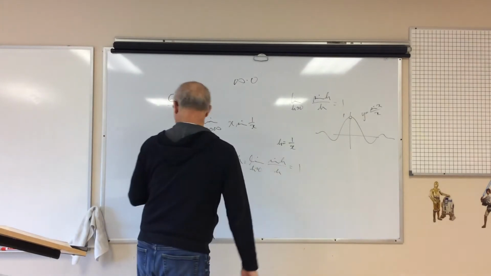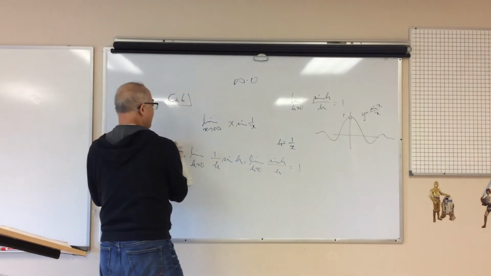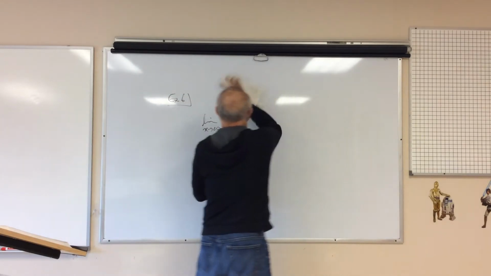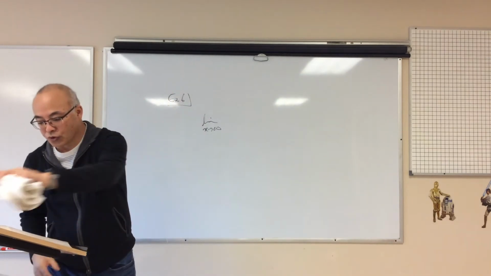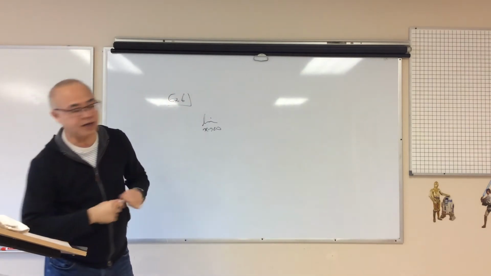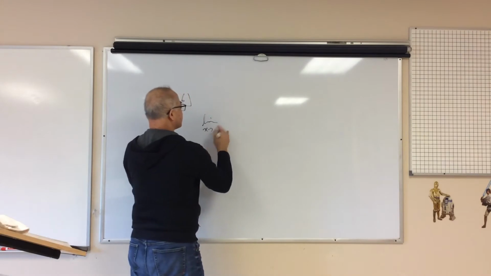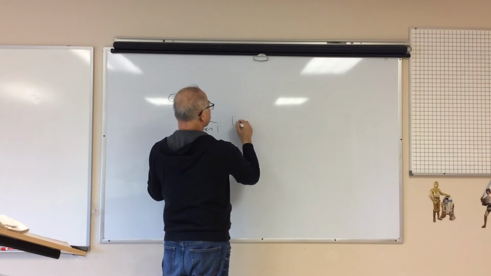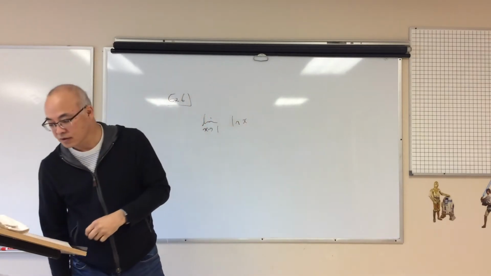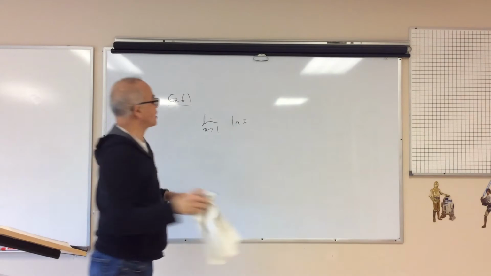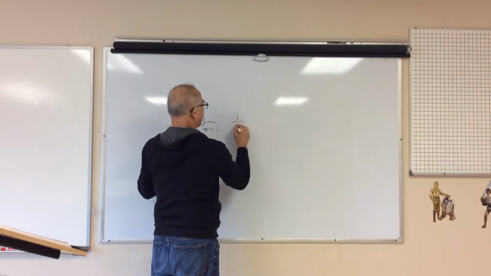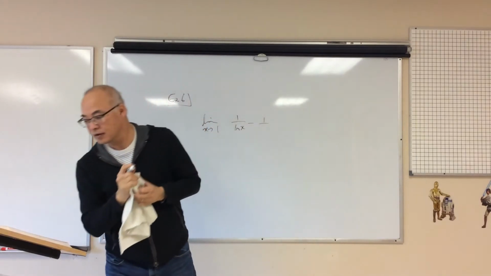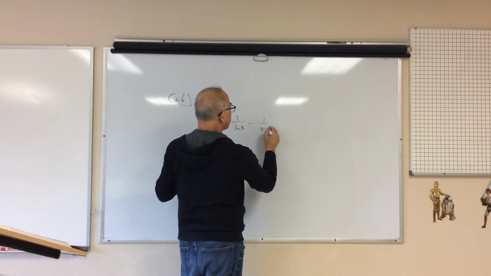Example number 7. They are asking us to do, as x approaches 1, 1 over natural log of x minus 1 over x minus 1.